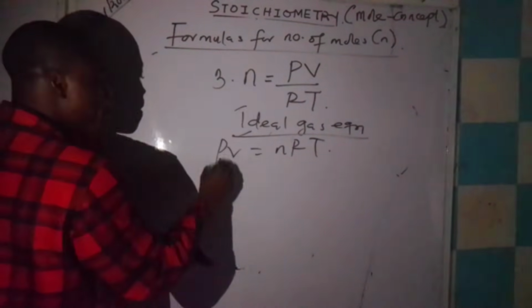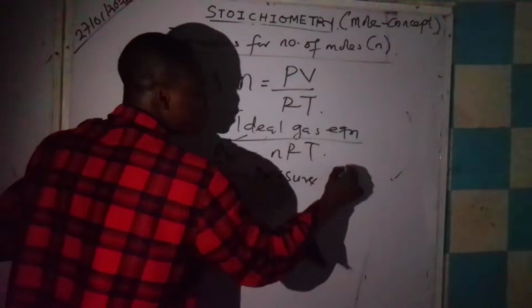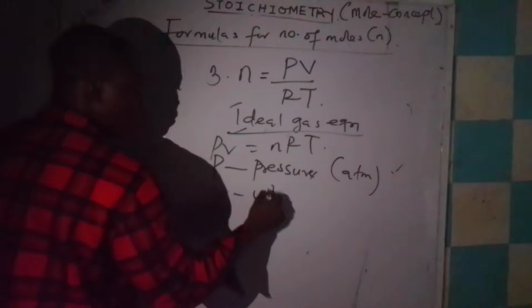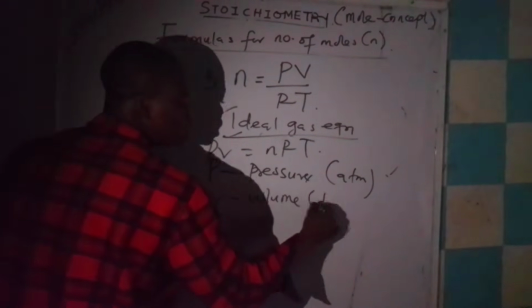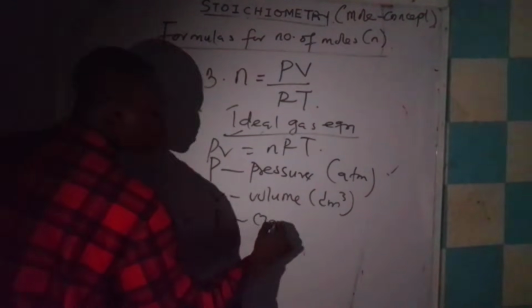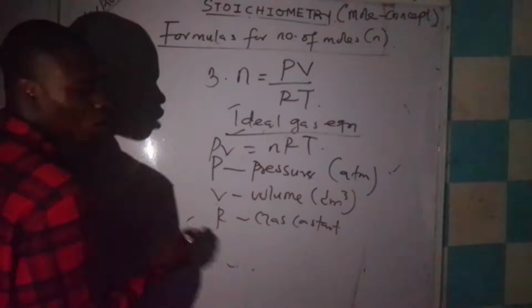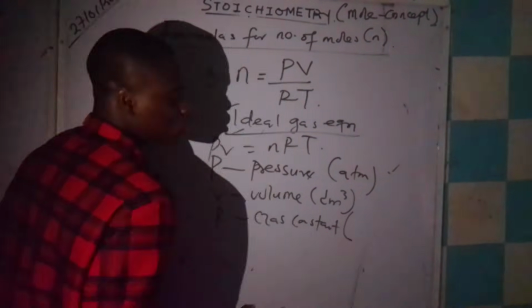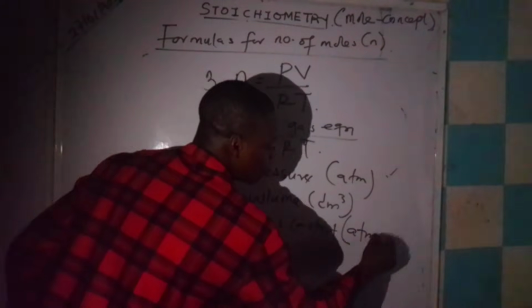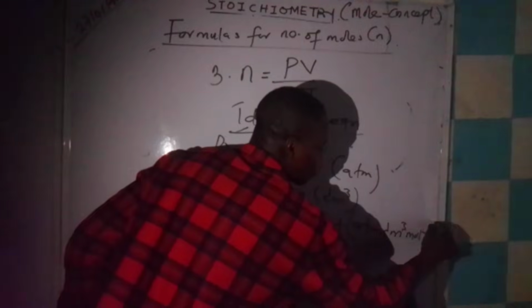My P is pressure, in atm. My V is volume, in dm³. My R is the gas constant, which has a unit of atm dm³ per mole per Kelvin.